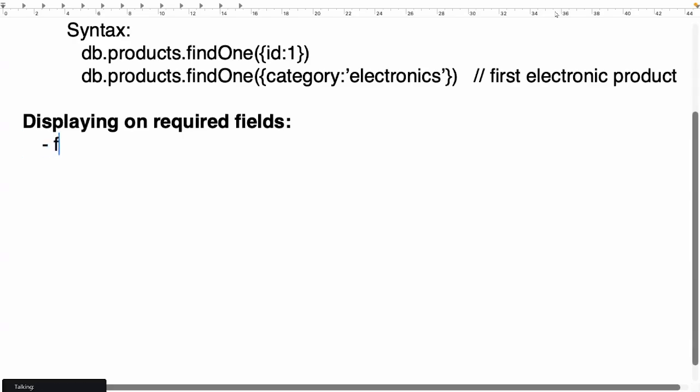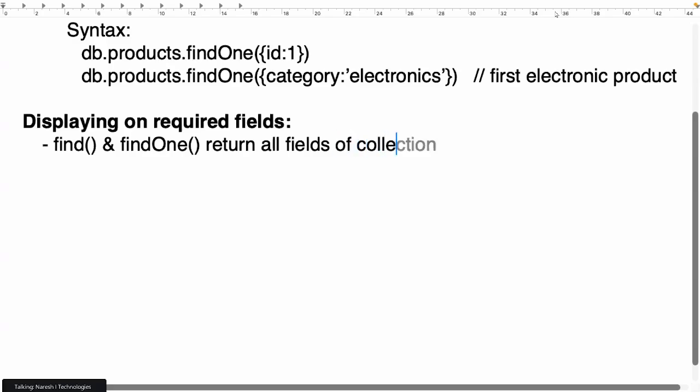So find and findOne return all fields of a collection while displaying the query result.